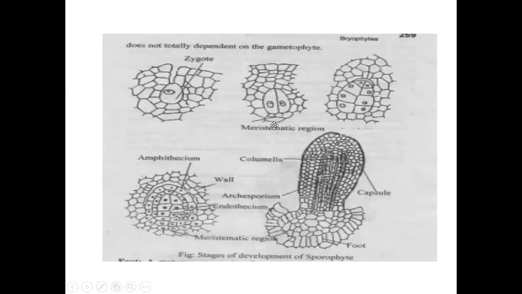Even the sporophyte of Anthoceros is divided into three regions: the foot, a small seta, and the large capsule region. The foot as well as the seta are both completely embedded in the gametophytic thallus, completely attached inside.